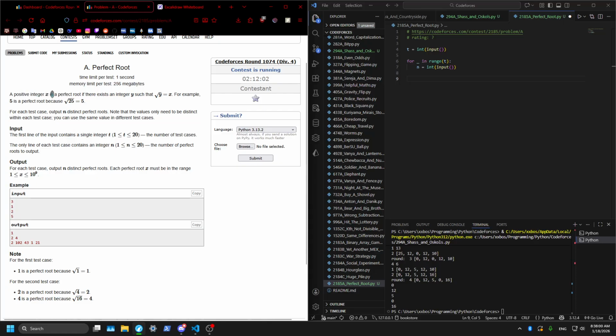A positive integer x is a perfect root if there exists an integer y such that square root of y equals x. Five is a perfect root because of this. So this number is the number of perfect roots to output.